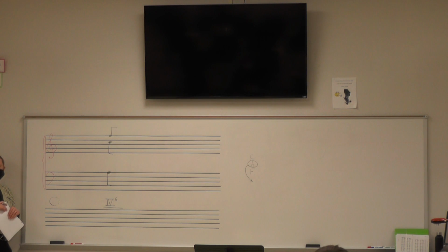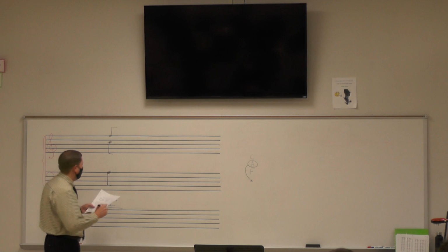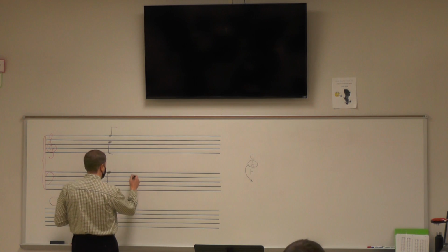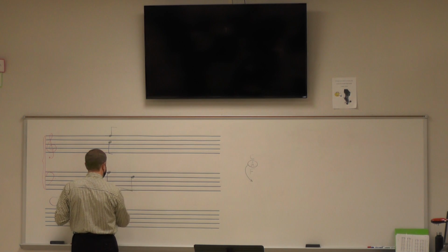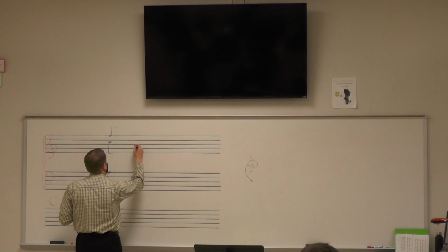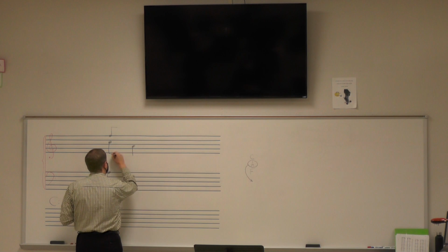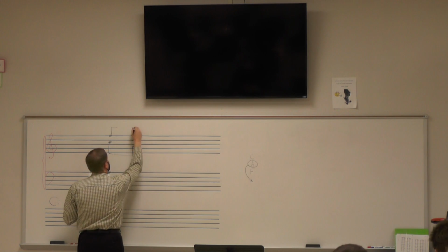Good, other questions? The one after that. Okay, the one right after that. I guess that's easy enough to figure out. So the one right after it is an F in the bass. Then we have an A in the middle voice, and we have a D in the top voice.